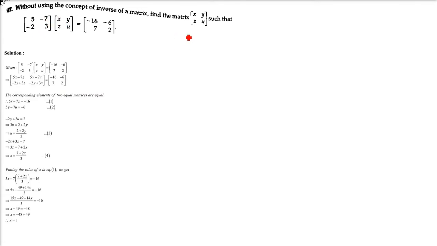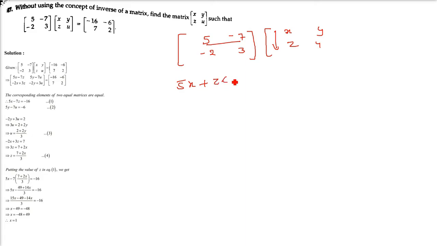So I'm multiplying this matrix 5, negative 7, negative 2, 3 with x, y, z and u. This row with this column: 5x minus 7z. Now 5 into y minus 7 into u.